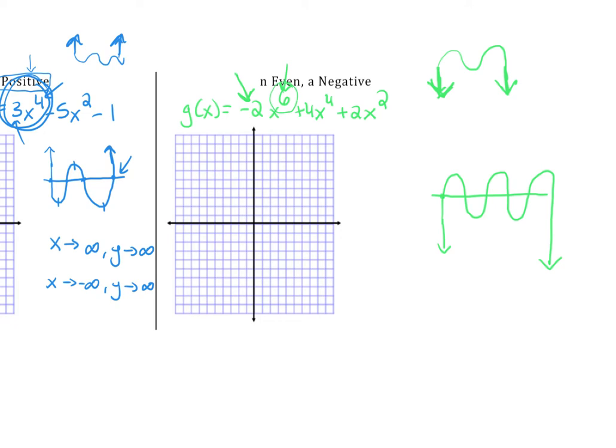Now, it might not actually cross the x-axis 6 times, but there's a maximum amount that it could. It can't be more than 6. It could be 6 or less than 6. And then turning points, 1, 2, 3, 4, 5, a maximum of 5. Could be less, can't be more.